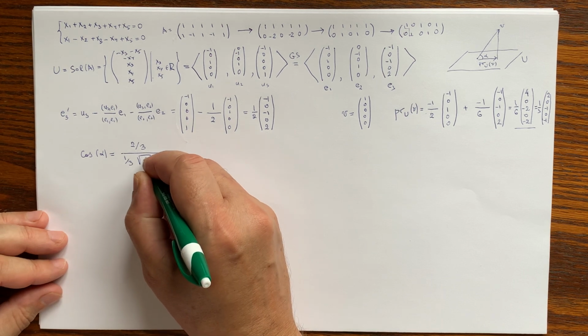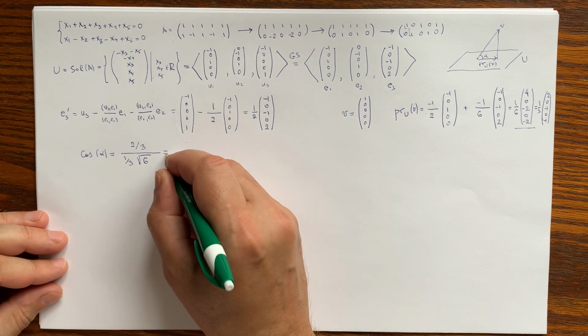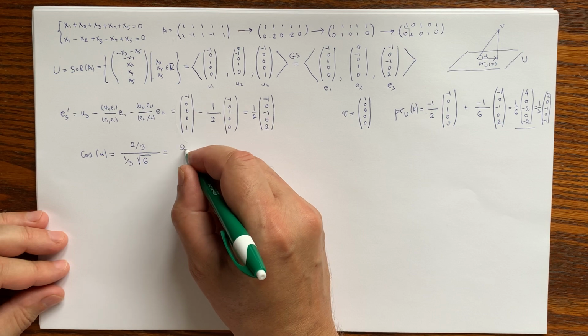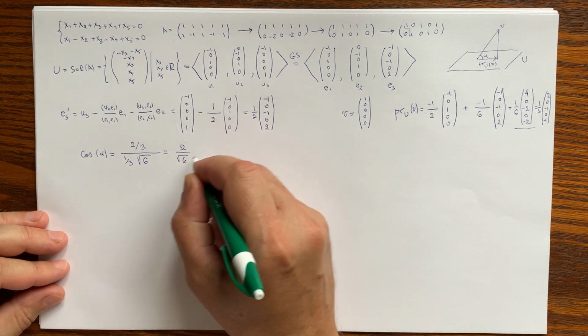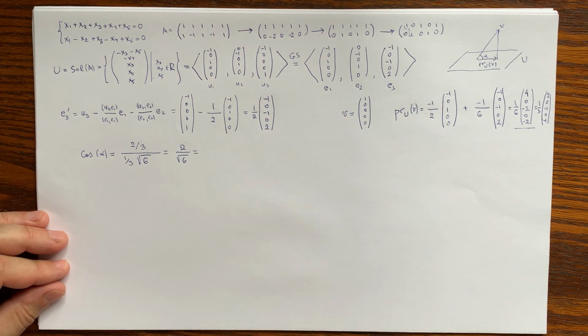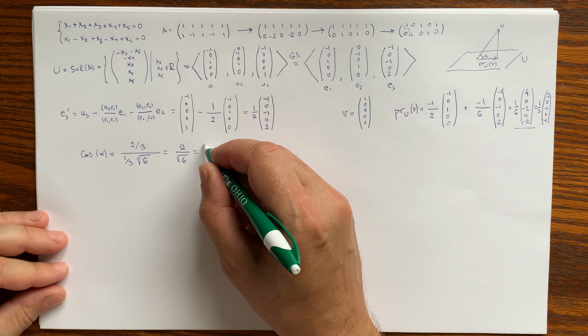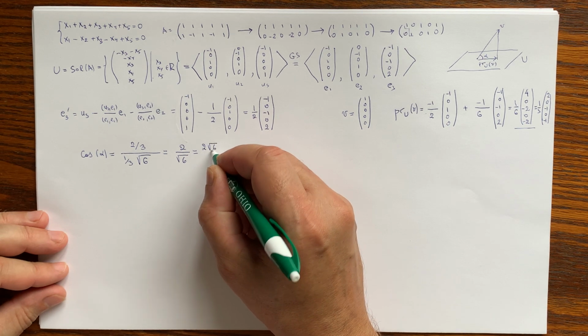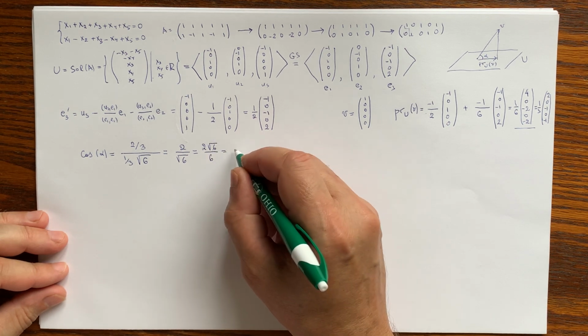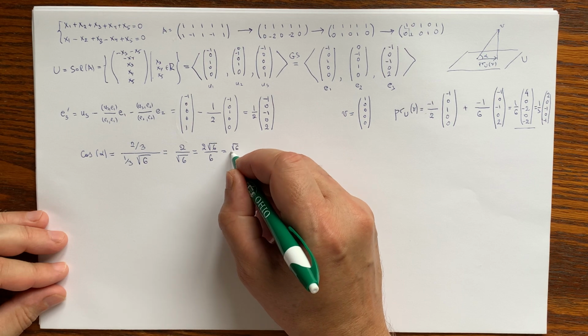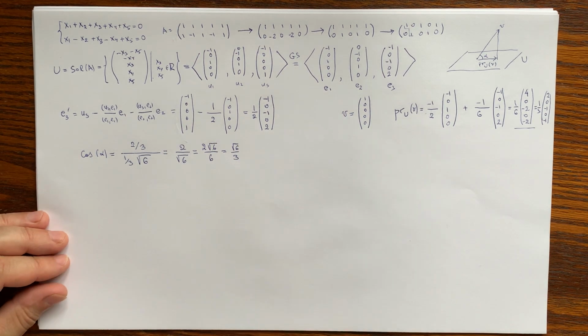That is the square root of 6. So what we have after cancellation is 2 over the square root of 6, but better write it with all the quadratic irrationalities in the numerator, so that will be twice square root 6 over 6, or square root 6 over 3. And that is probably as good as it can be.